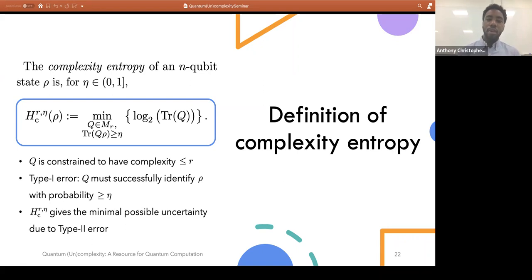After that, this minimization, the purpose of it is to minimize the type 2 error. So that's the error that we would actually make, that upon receiving, let's say, the maximally mixed state, the referee would guess the state rho.